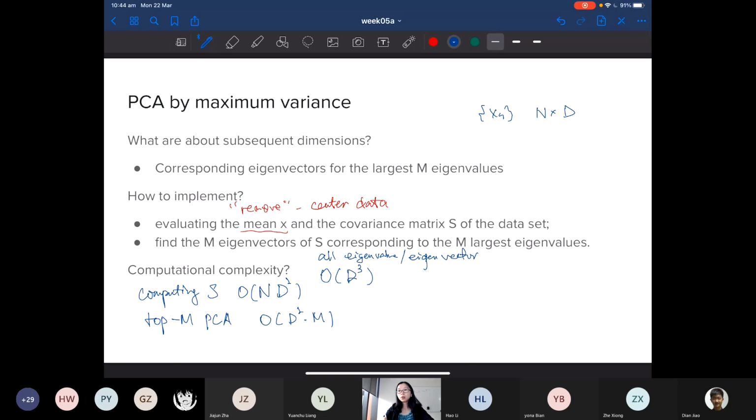Because if we only want the first eigenvalue and eigenvector, we can use things like power iterations, which compute PageRank, to get the answer. But computing all eigenvalues and eigenvectors is a D cubed iteration.